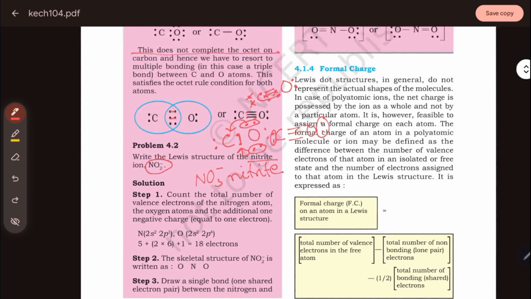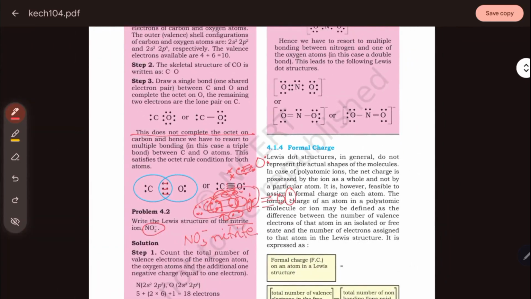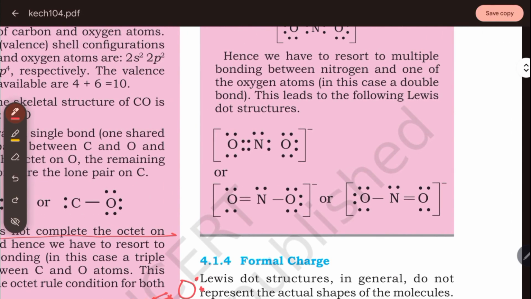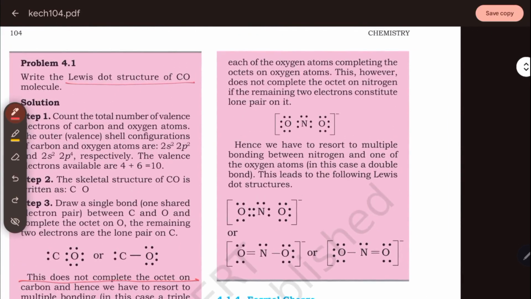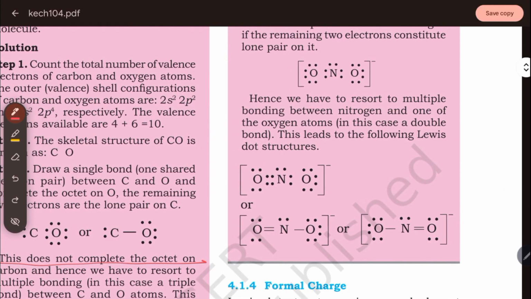Okay, so this is again the same thing, hit and trial method. NO2 minus nitrite, what you are seeing. So 2 minus means 2 electrons to be added, to each oxygen, which is more electronegative. Have you noticed in each of the structures, the less electronegative one is kept as the central atom.